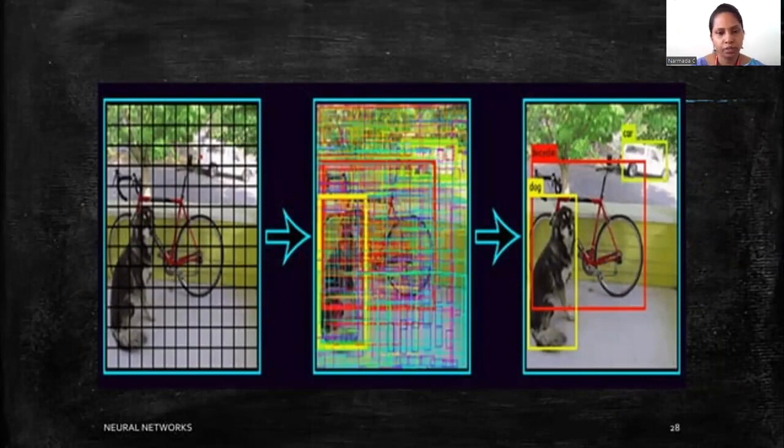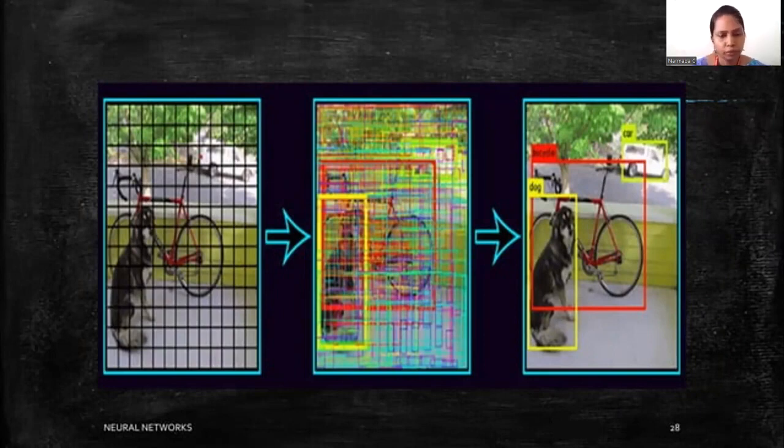Here, based upon the data set we have provided, it has to identify each object in this particular image. The first image contains a dog, a bicycle, a car, and a tree. These are the main objects in this picture.